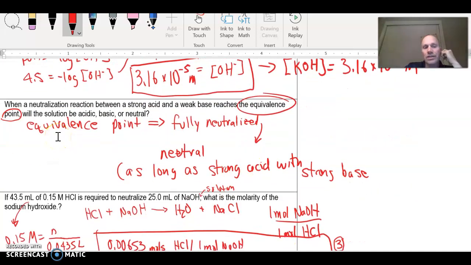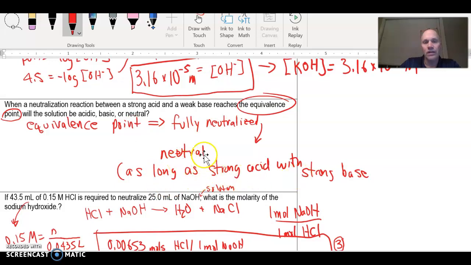When you're doing an acid-base neutralization, and you've added just enough acid or base to neutralize the acid or base that's already there, at that point it's considered the equivalence point. That's when it's fully neutralized.